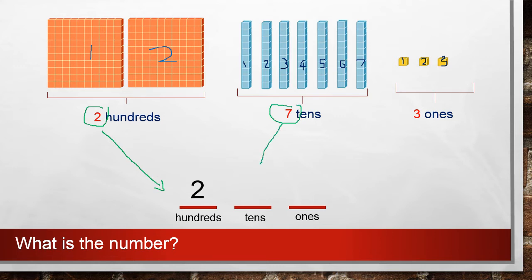So we have to write here at the tens place. 3 ones. We have to write at the ones place. So we get the number. What is the number? Can you tell me? Yes, 273. Well done if you get the correct answer.